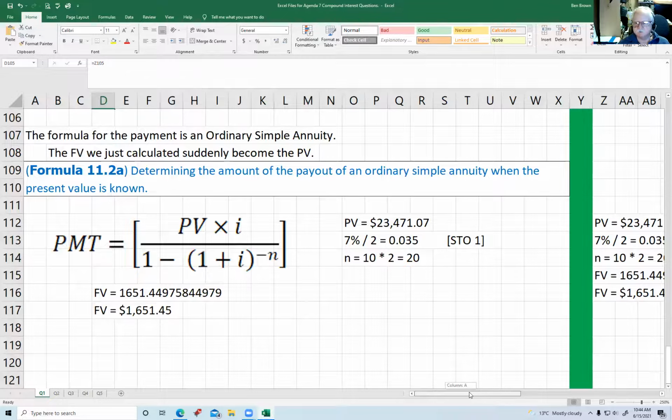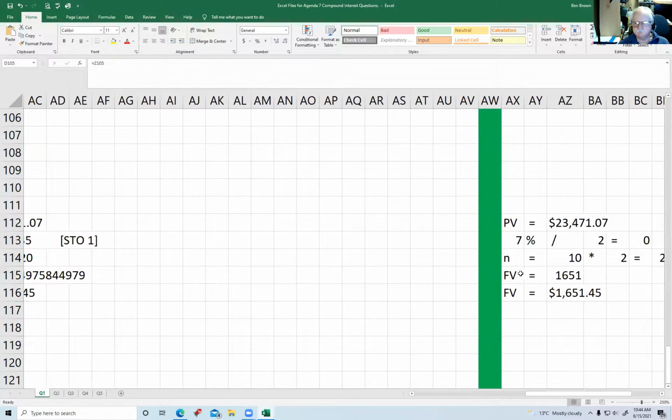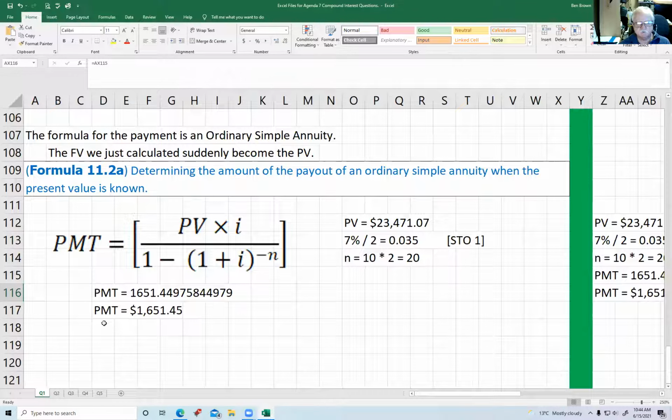That's ridiculous. Let me see if I can fix that. So that's unfortunate, but it's the payment that is 1,651.